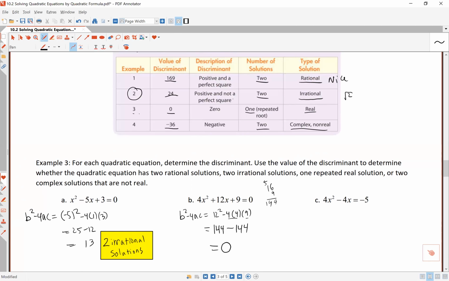And when you have 0, you get one repeated real solution. And then the last case, I need to add 5 to both sides first.